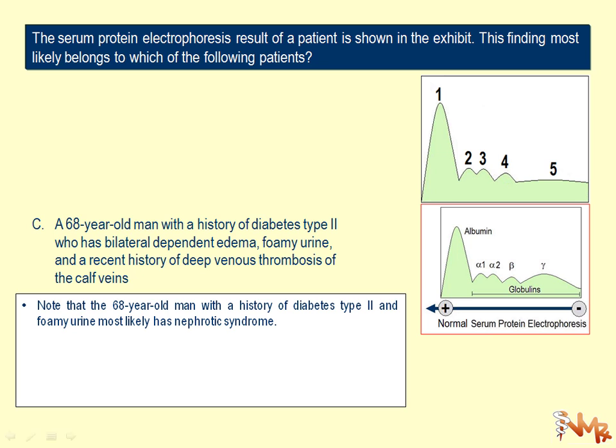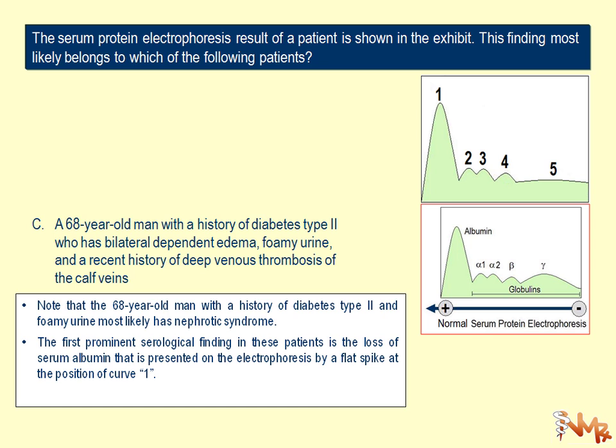And also, of course, the bilateral edema also is another major association of nephrotic syndrome. Now, the first prominent serological finding in these patients is loss of serum albumin that is presented on the electrophoresis by a flat spike at the position number 1. So instead of this tall spike, you should have seen a flat effect for essentially position number 1, albumin, because we lose all the albumin or most of it into urine as a result of nephrotic syndrome.